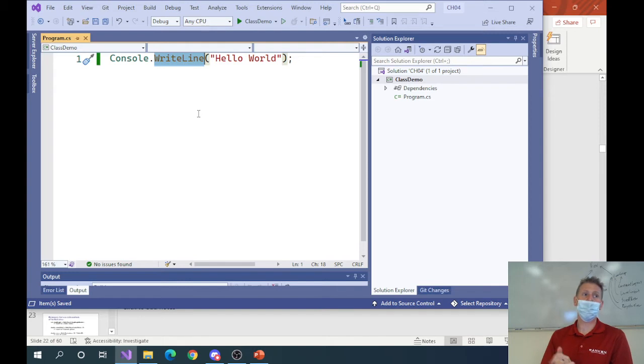Keep in mind, classes are blueprints for objects. And sometimes with classes, you build objects. Other classes are called utility classes. Utility classes just have a bunch of built-in methods that you can use. So Console is a utility class that has a method built into it that you can use called WriteLine.